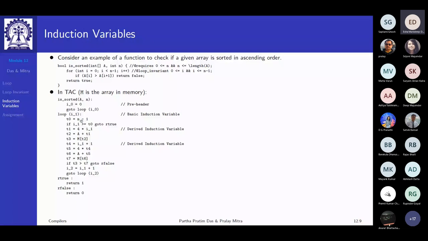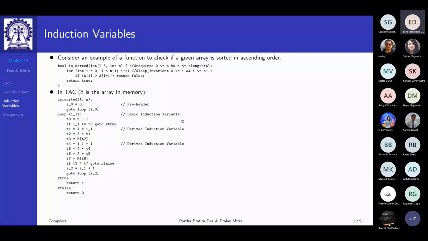Now, if you look into this with a different set of classes as we are trying to optimize. In the pre-header, we know I is a basic induction variable, so the loop is on I. Now, what is T1?